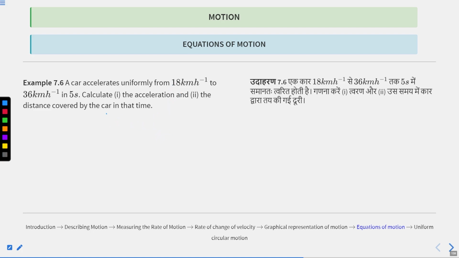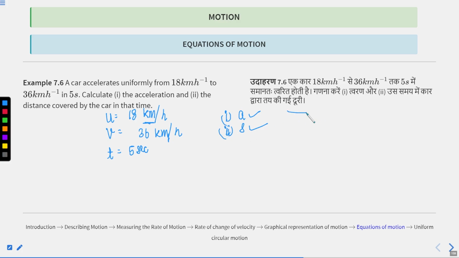The car's initial velocity is 18 kilometer per hour. We have to convert it into meter per second, and the final velocity is 36 kilometer per hour, and the time period is 5 seconds. We have to calculate acceleration and distance, similar to the previous question.